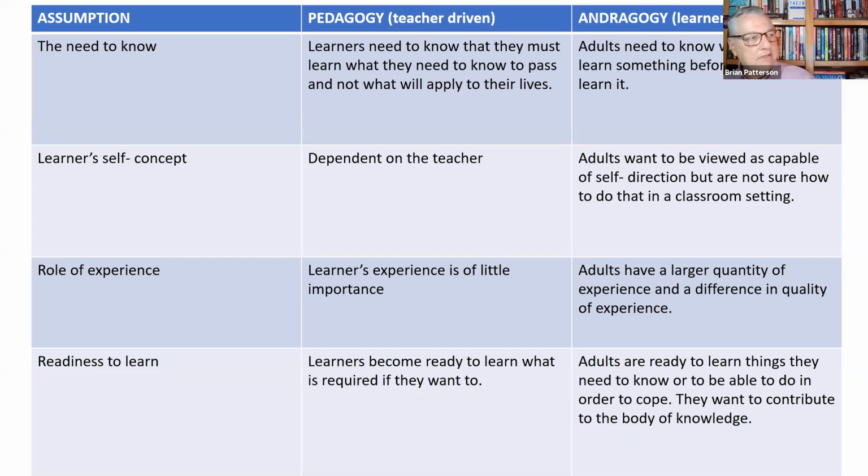So we have the assumptions of the need to know. In pedagogy, learners need to know what they must learn to pass, which is not really going to affect their lives. In andragogy, the learner driven approach, adults need to know why they need to learn something, like Simon Sinek's book, Start With Why.